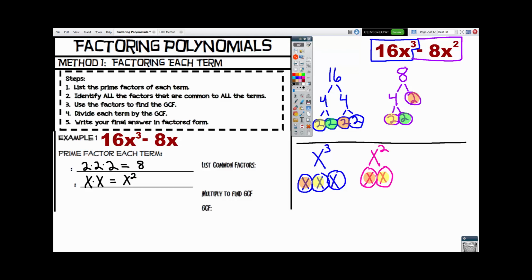Okay? And so now we've listed all the common factors, and we're going to multiply them together to find the greatest common factor. So 8 times x squared is going to be 8x squared.